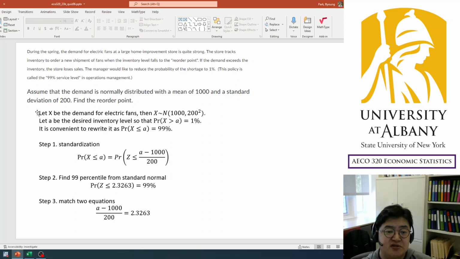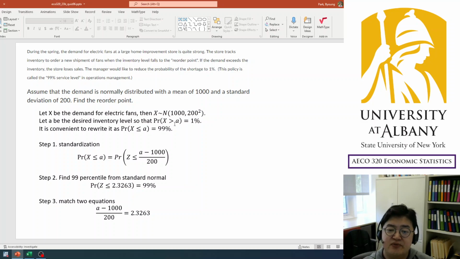So we are going to consider this model. X is the demand for the goods. It is normally distributed with mean 1000 and 200 standard deviation. And we are going to denote the desired inventory level as A. A is the desired inventory level that satisfies the case where demand is greater than the inventory only 1% of the time. So this is a problem when you don't have enough inventory.